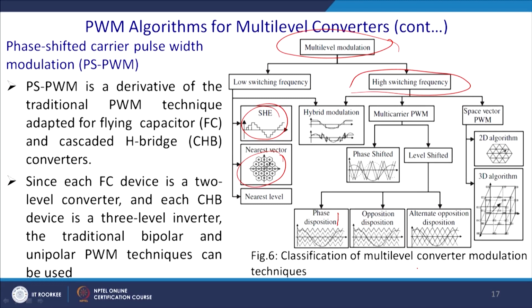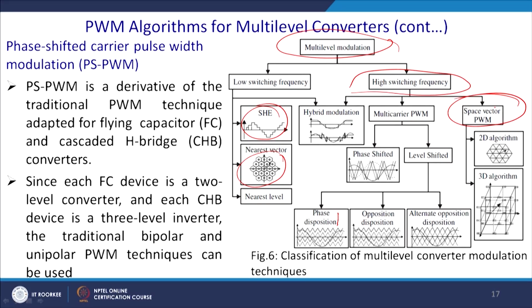And you may use space vector modulation, that is popularly used now. This is the 2D algorithm and this is the 3D algorithm. So, what happens here is that the hexagon will increase based on the level, and we have a different switching pattern here. And of course, this hexagon can have many states.